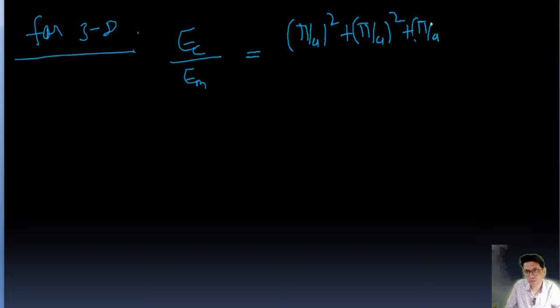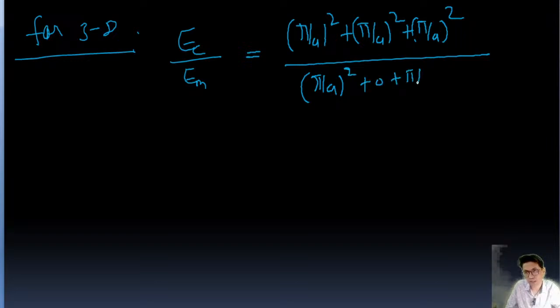So this is going to be simple: pi by a whole squared plus pi by a whole squared plus pi by a whole squared, right? Upon pi by a whole squared plus 0 plus pi by a whole squared, right? And this value is going to be 3. Okay.